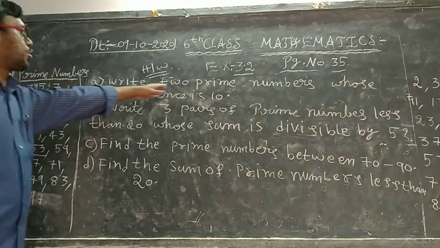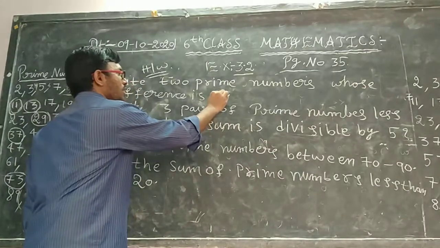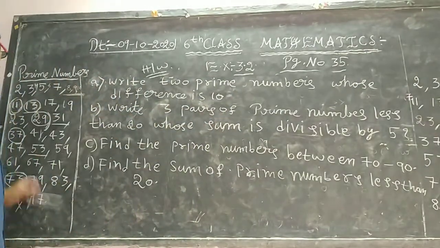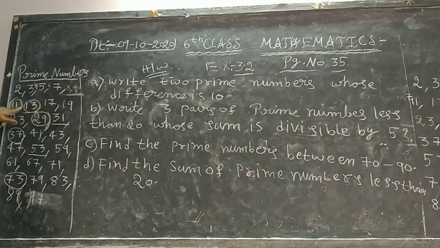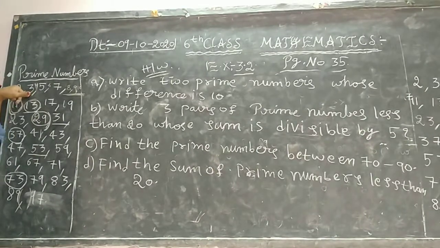So write two prime numbers whose difference is 10. Okay, difference is 10 means subtraction. Subtraction should be equal to 10. Suppose, see children, here 13 is there, 13 minus 3. 13 minus 3 is 10. Okay, so like this. So this is one pair of prime numbers whose difference is 10.